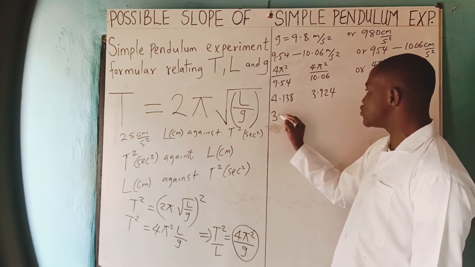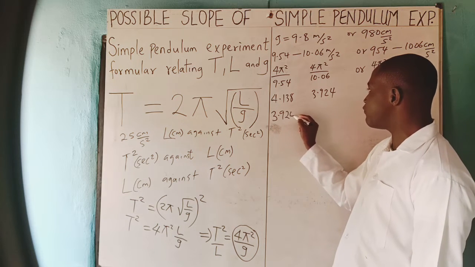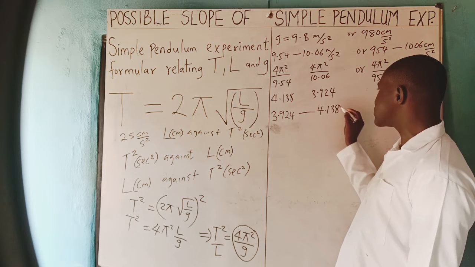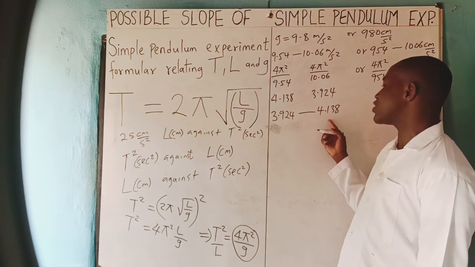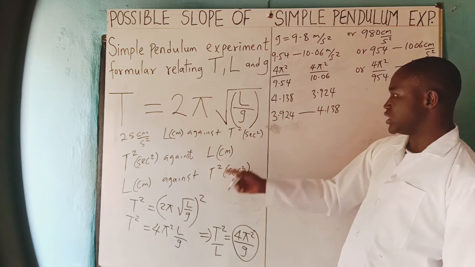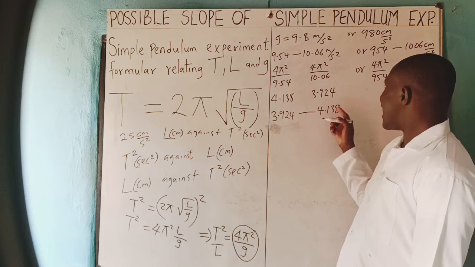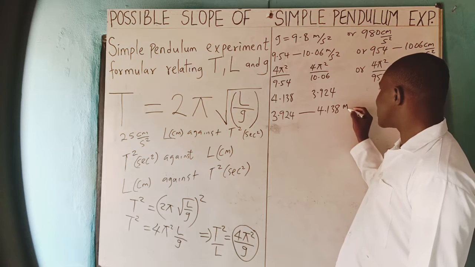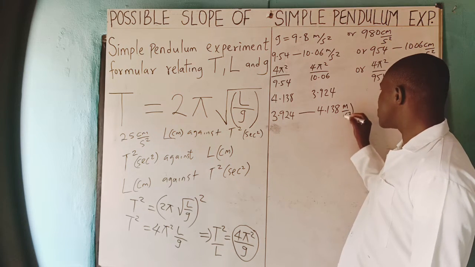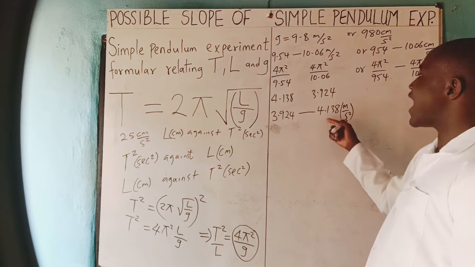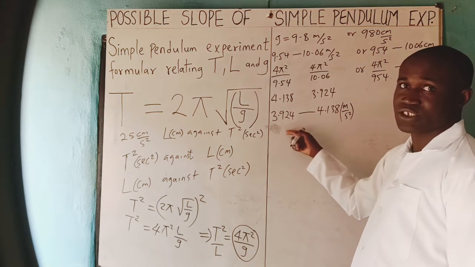The range is between 3.924 and 4.138. This is when you are talking about T square against L, and the unit is meter per second squared. So this is the possible range you should get. Your answer should fall between this range.